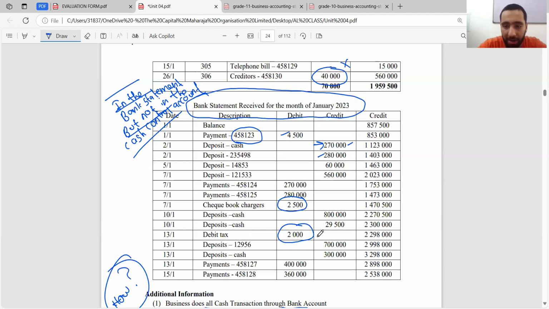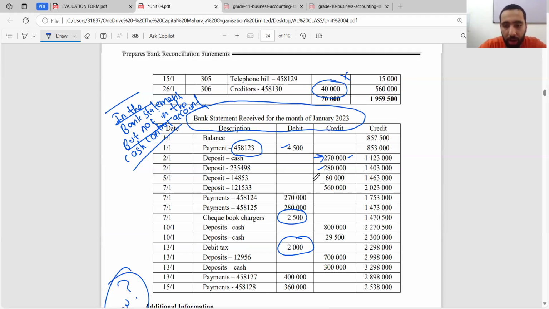Very simple. Did you all understand? These two parts are not there if you go through the cash control account. Is it okay? Ashini, Ziana, is it clear? These two are the only things that are not available in the cash control account.